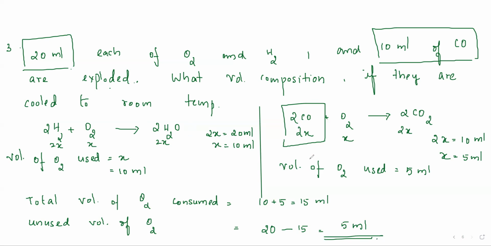Okay, moving on again. Second half, carbon dioxide is the product. Carbon dioxide, on cooling, will be in the gaseous state itself. So let us figure that out. 2x is to be calculated. X is 5 ml. Volume of carbon dioxide is 2x, 2 into 5, that is 10 ml.